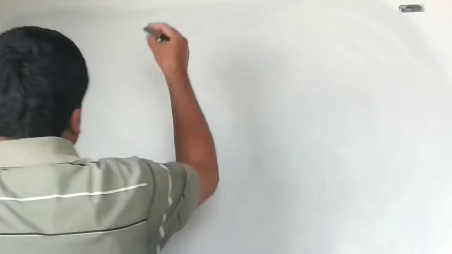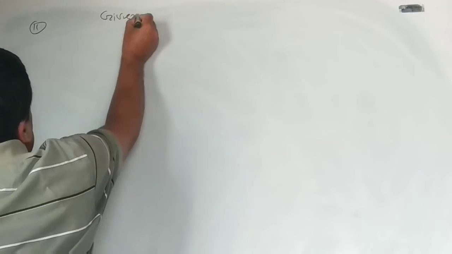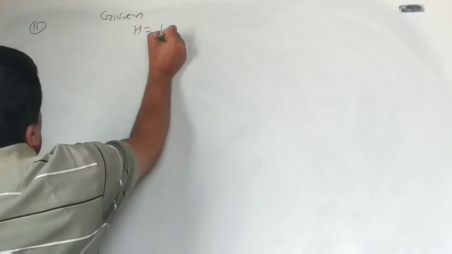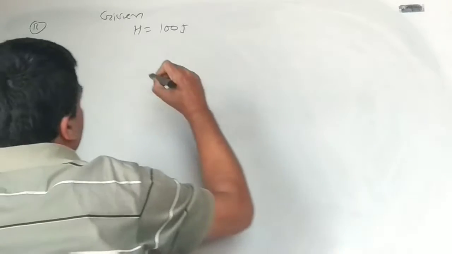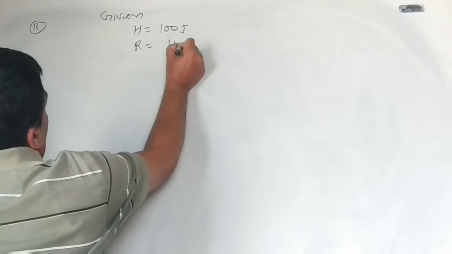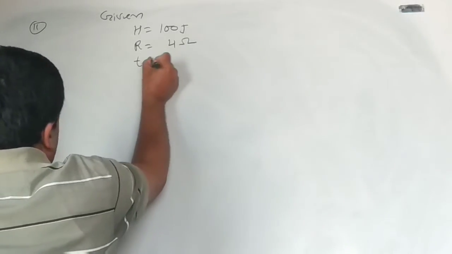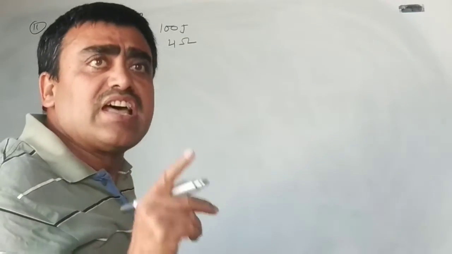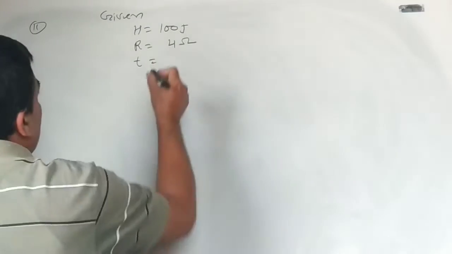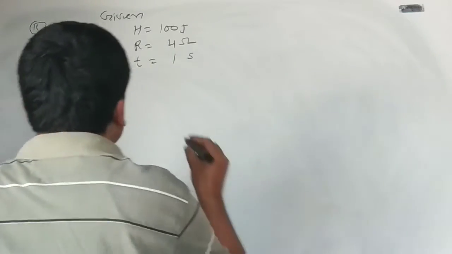According to this question, here given H is equal to 100 joule, R is equal to 4 ohm. T, time is equal to each second, that means 1 second. Okay?